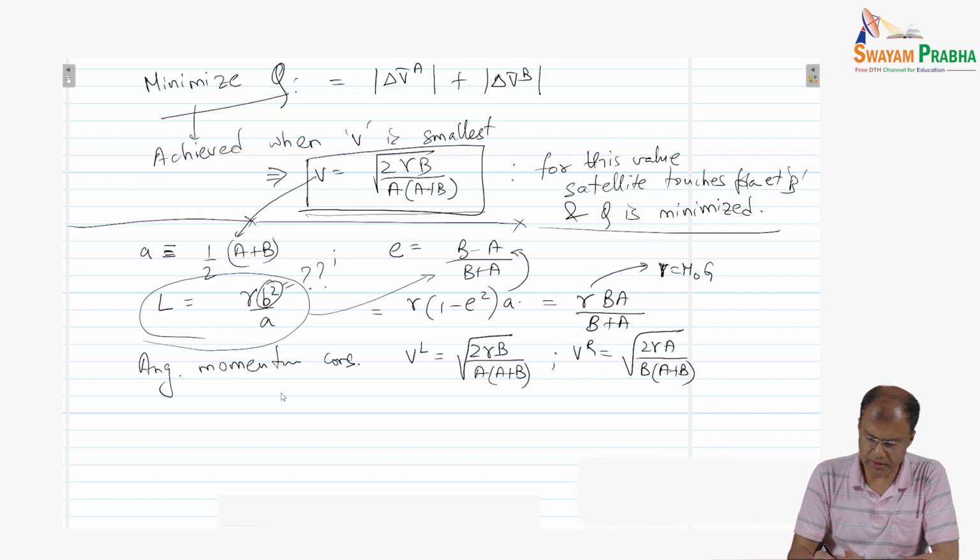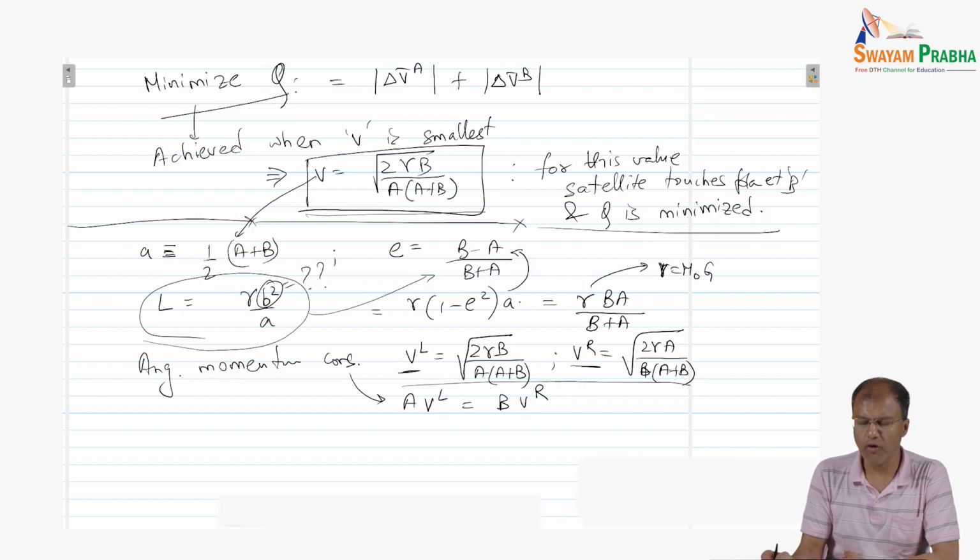So these are from angular momentum conservation. Okay. So this is the velocity at liftoff, and this is the velocity at landing. And we already know from angular momentum conservation that A times V liftoff is B times V landing, right?